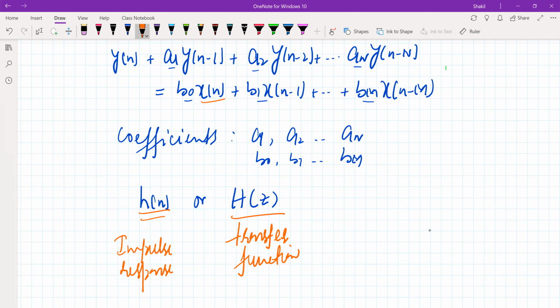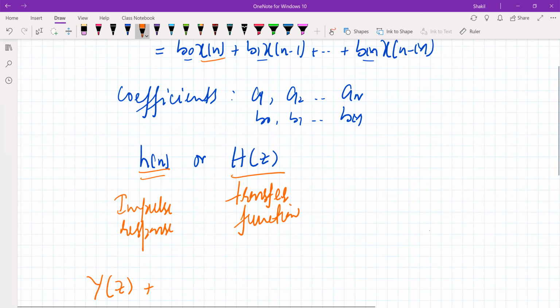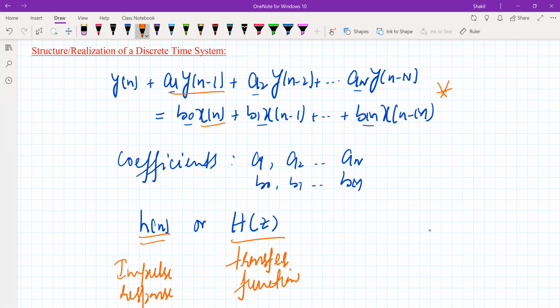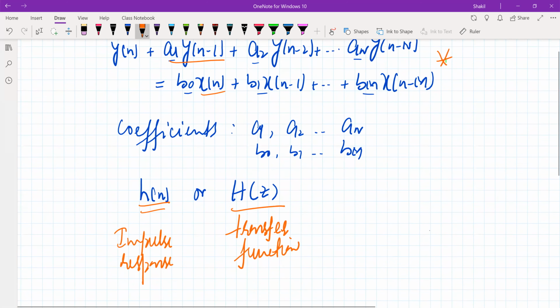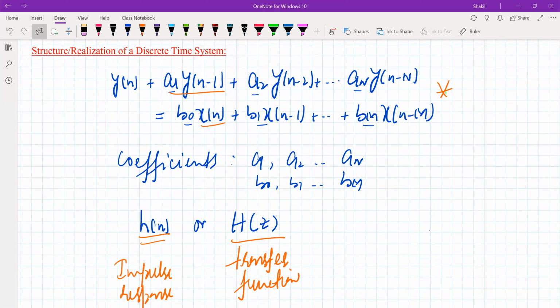Now taking Z transform of this expression on both sides, let's suppose Z transform of y of n is y of z. A1 is a constant, so the Z transform of this term will be a1 z inverse y of z.